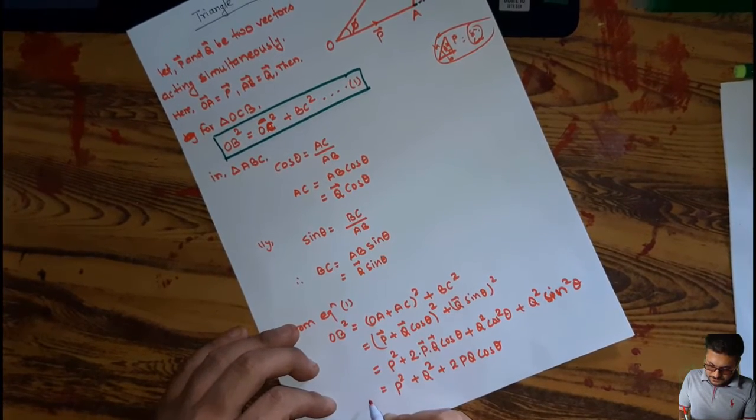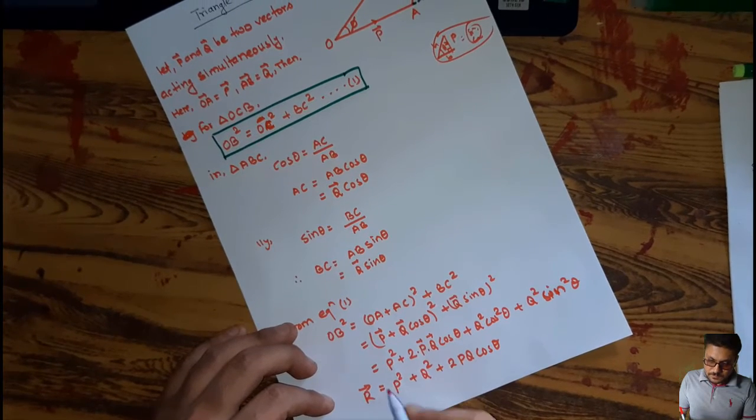This is the value for OB, meaning R vector.